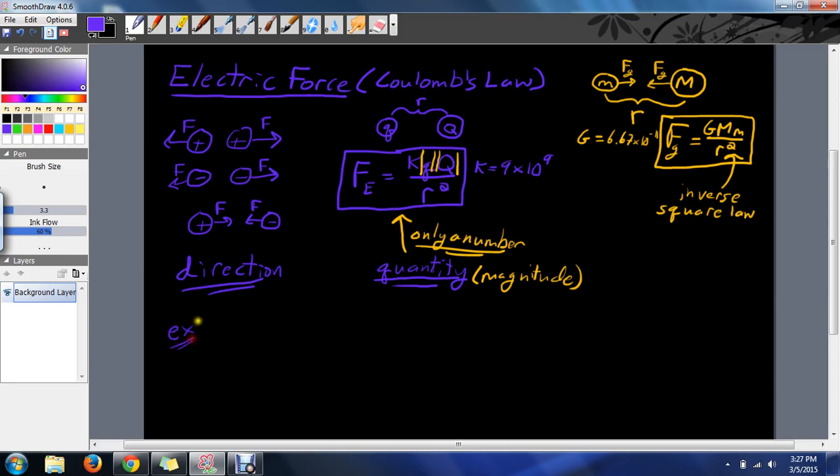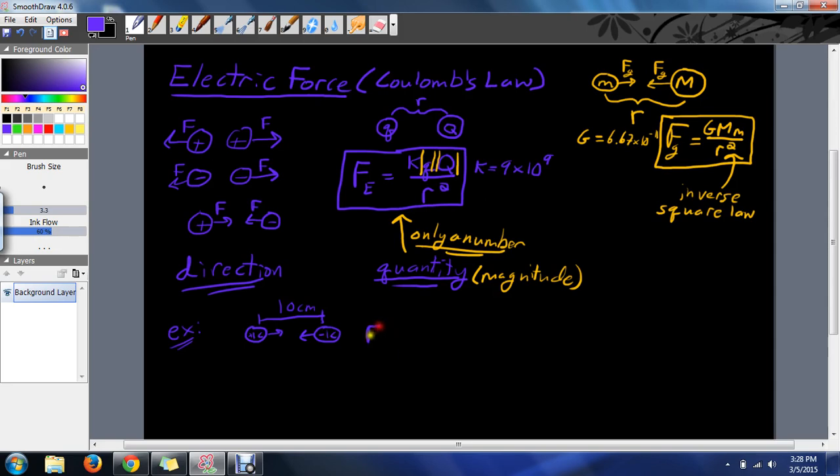We can do a little example down here of two charges. Say we have a positive 1 coulomb, and we have a negative 1 coulomb charge. They will clearly attract each other, and we can plug numbers in to figure it out. But let's do a proportion question. Let's say they're separated by 10 centimeters.